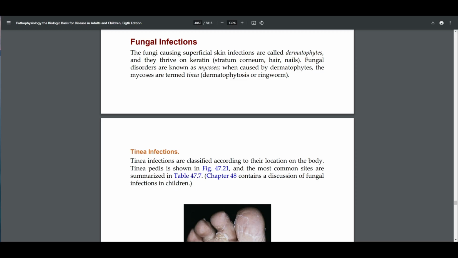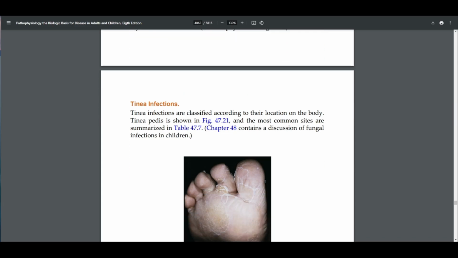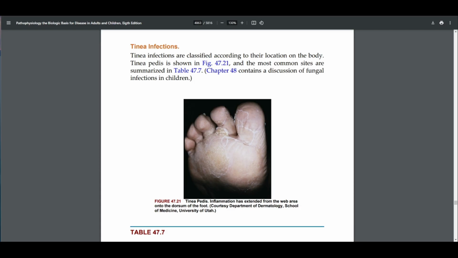The fungi causing superficial skin infections are called dermatophytes, and they thrive on keratin. Fungal disorders are known as mycoses when caused by dermatophytes. The mycoses are termed tinea. Tinea infections are classified according to their location on the body. Tinea pedis is shown in the following figure, and the most common sites are summarized in the following table.